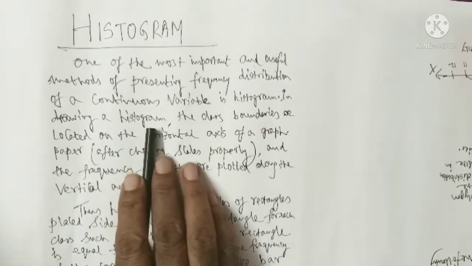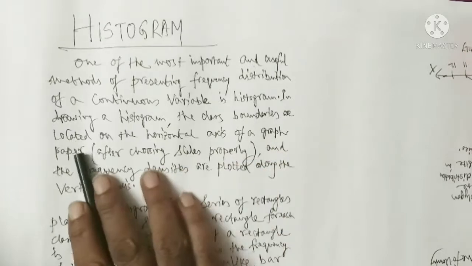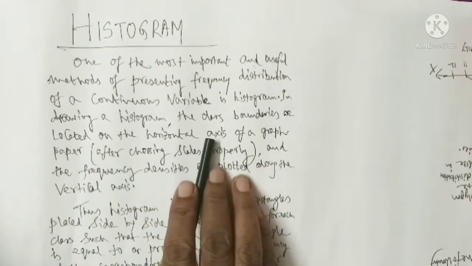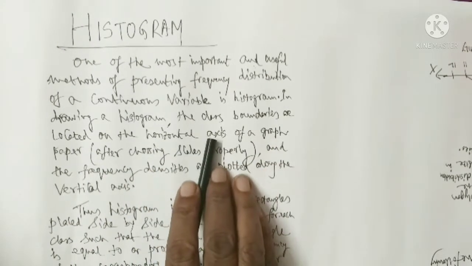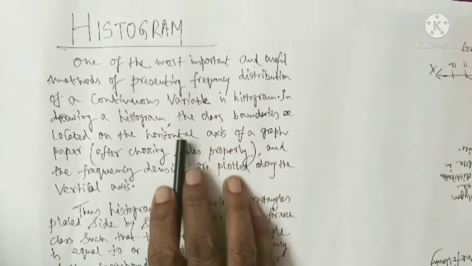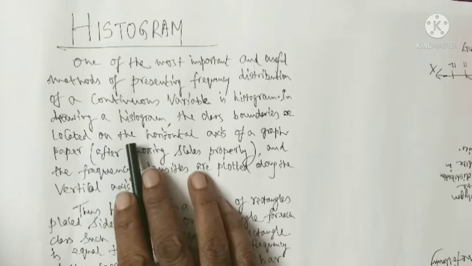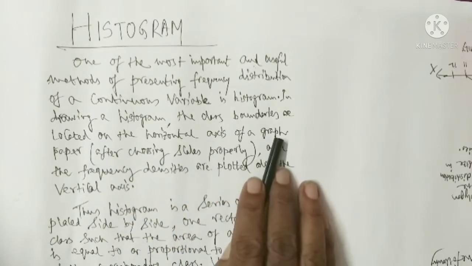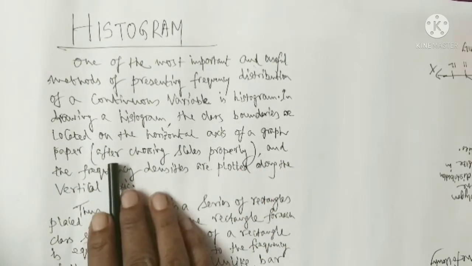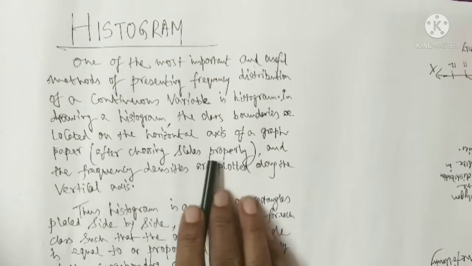In drawing a histogram, the class boundaries are located on a horizontal axis. There are two axes, the x-axis and y-axis, or horizontal axis and vertical axis. Class boundaries are measured along the horizontal axis of a graph paper, after choosing the scale properly.